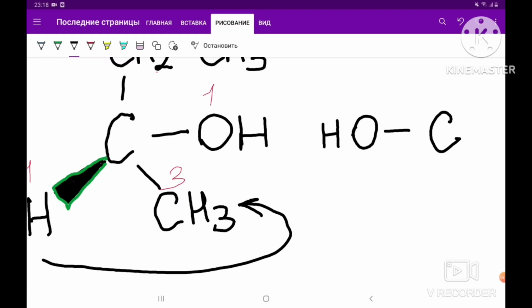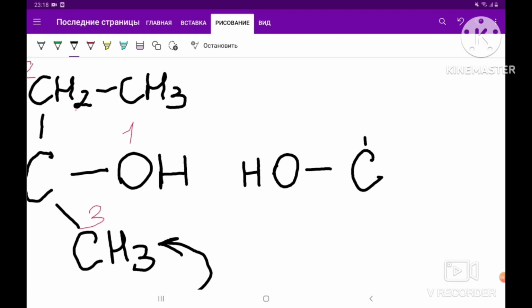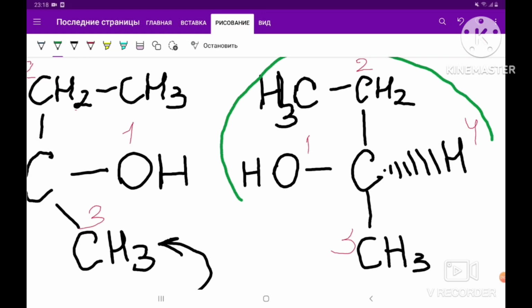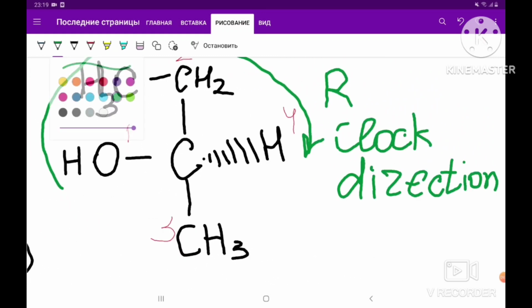Now you will see it. If we flip the molecule like a mirror image, we will see that the direction of the arrow changes. Now it moves in the clockwise direction, so to the right, and it will be the R isomer, R configuration.